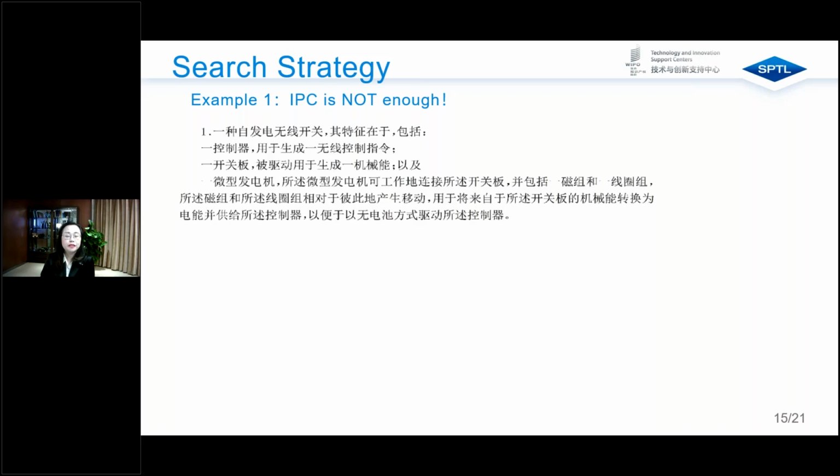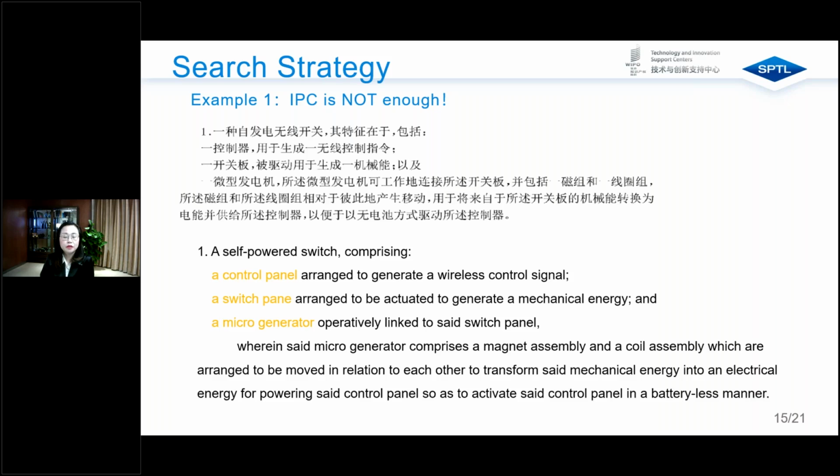Let us move to the independent claim of this application. The independent claim is to protect a self-powered switch. We read the claim further. The switch comprises a control panel, a switch pan, and a micro generator. The micro generator is used to transform mechanical energy into electrical energy to power the control panel.